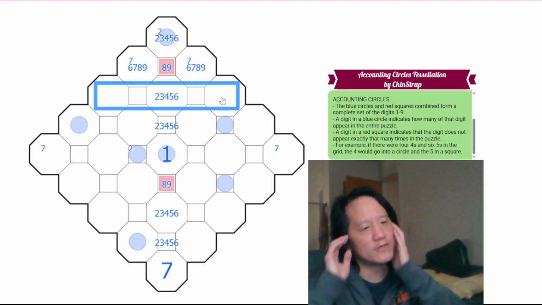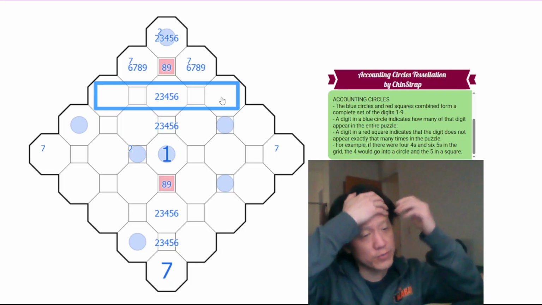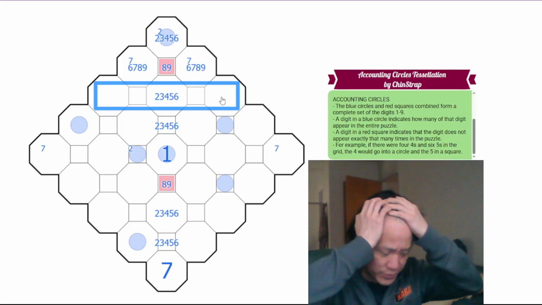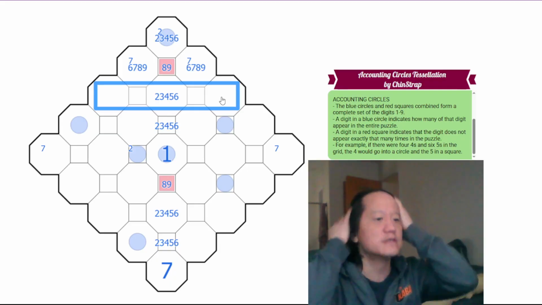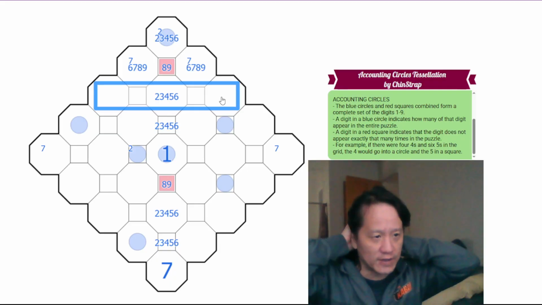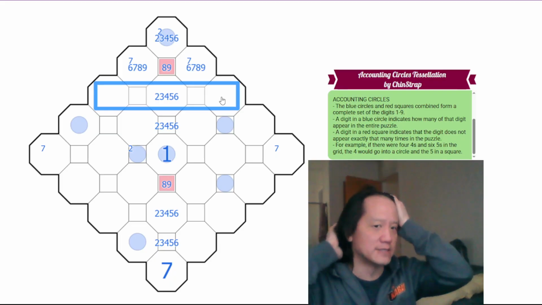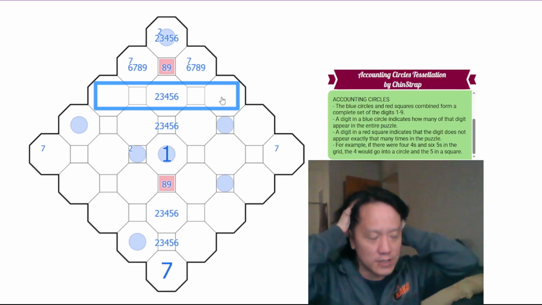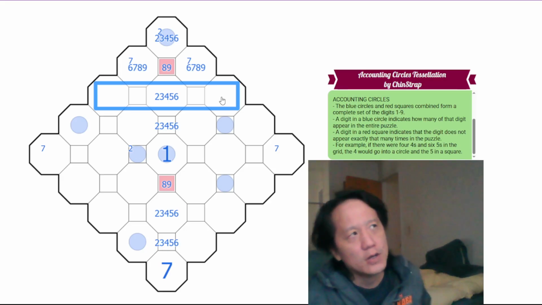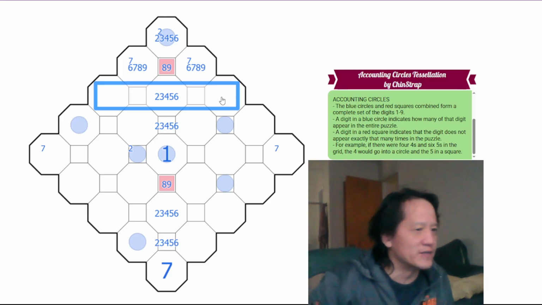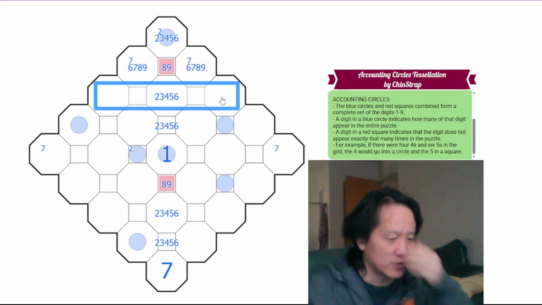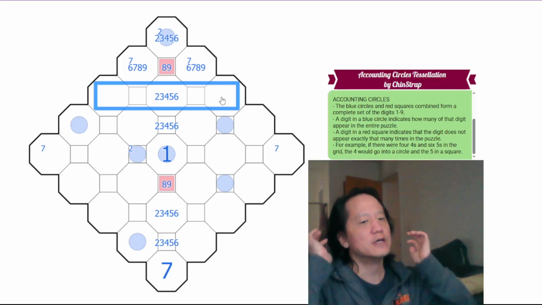Again, 1 through 7 add up to 28 if each one matches its digit as the number of amount in the grid. Because of that, 41 minus 28 is 13. We can only have 7 of a digit.